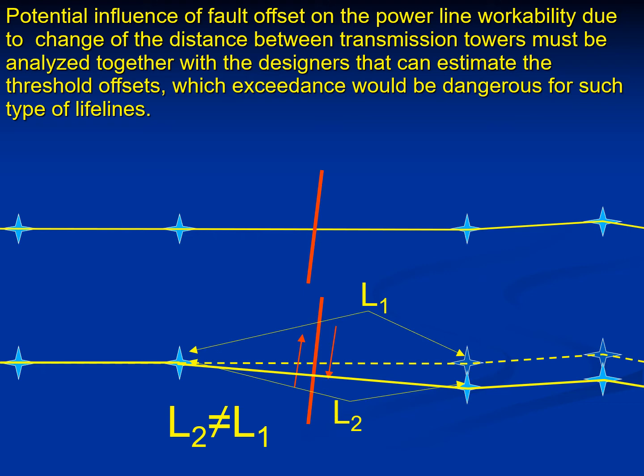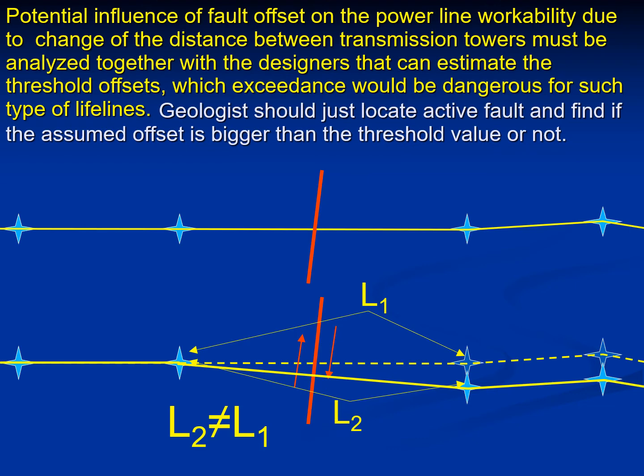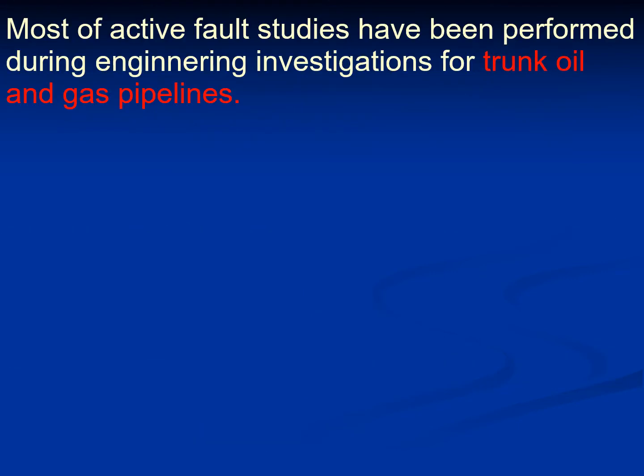It must be provided by engineers. And geologists should just locate the active fault and find out whether the assumed offset is bigger than the threshold value provided by engineers or not.